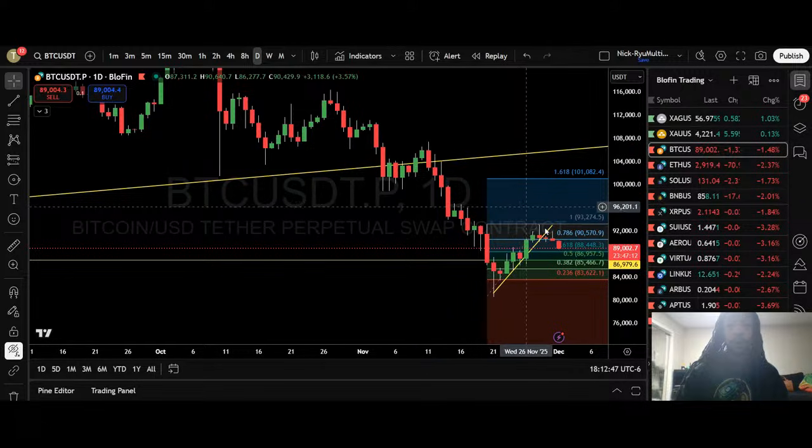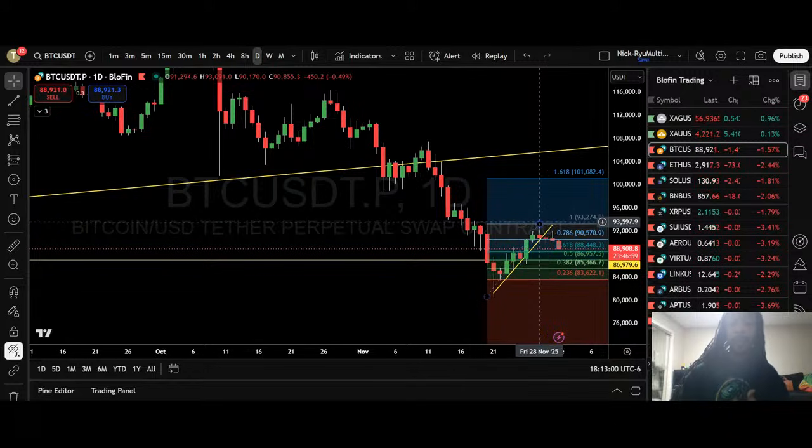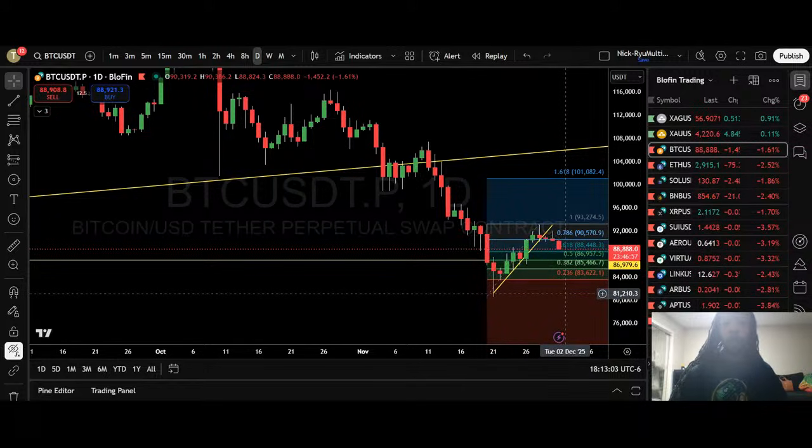If this is our new high, the price cannot get above 92.7, 93,000 in Bitcoin. If it can't get above that level, then my expectation is that this is the high and it will lead to a lower low. Our previous low was 81, about 80,000 actually.